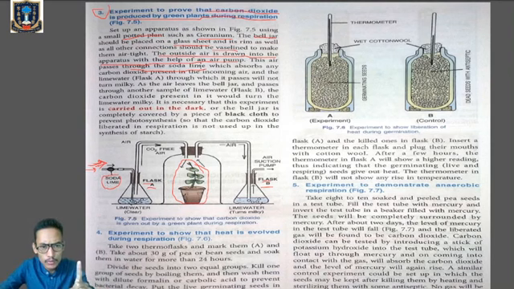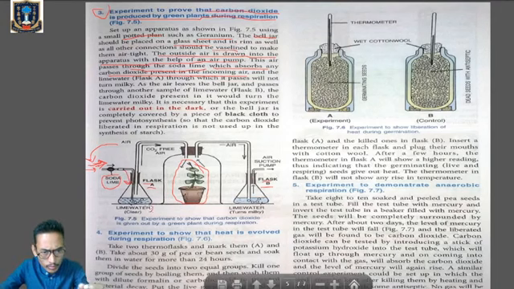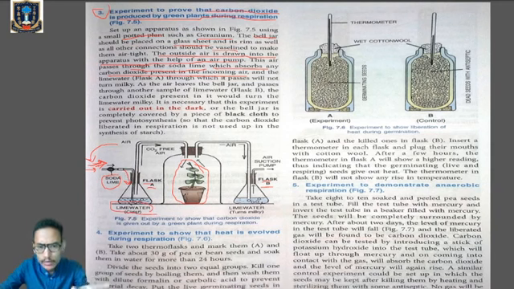Function of soda lime: it absorbs any carbon dioxide present in the incoming air, so that the incoming air into flask A will be free of carbon dioxide. Now flask A contains lime water, and in the absence of carbon dioxide, it does not turn milky.